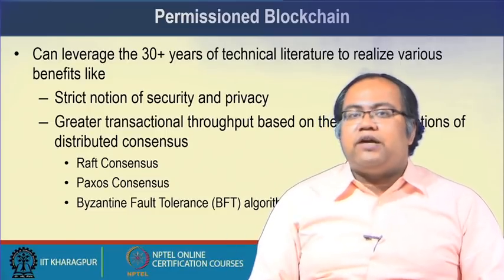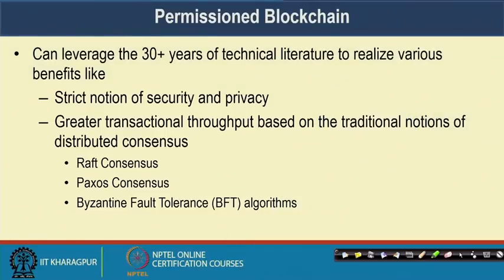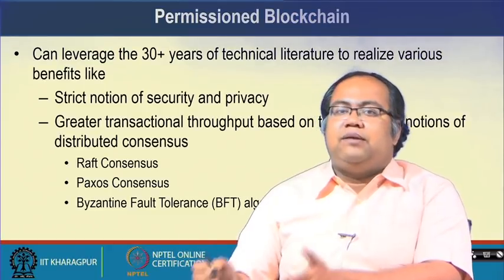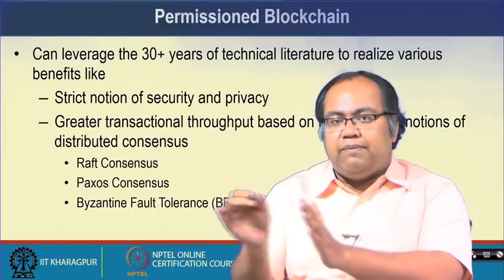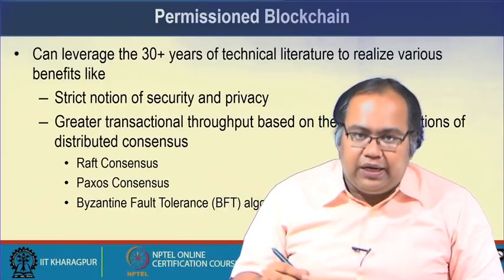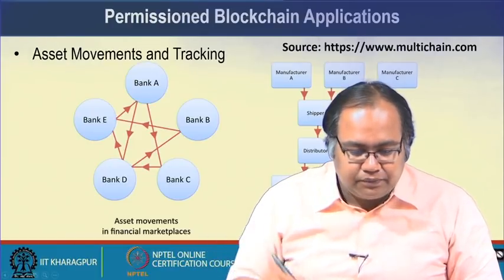All these different kinds of consensus algorithms we will study later, but they provide significantly higher transaction throughput compared to the standard proof of work mechanism, which is a challenge response based mechanism and which is incorporated in the Bitcoin architecture.